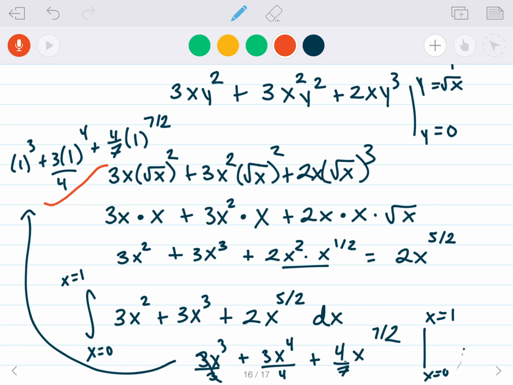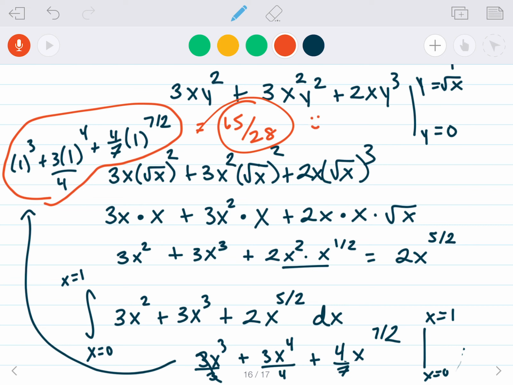Okay, so this is where I'm at. Basically I have 1 plus 3/4 plus 4/7. Let's see what that gives us. And I'm getting 65 over 28, which does agree with my answer key.